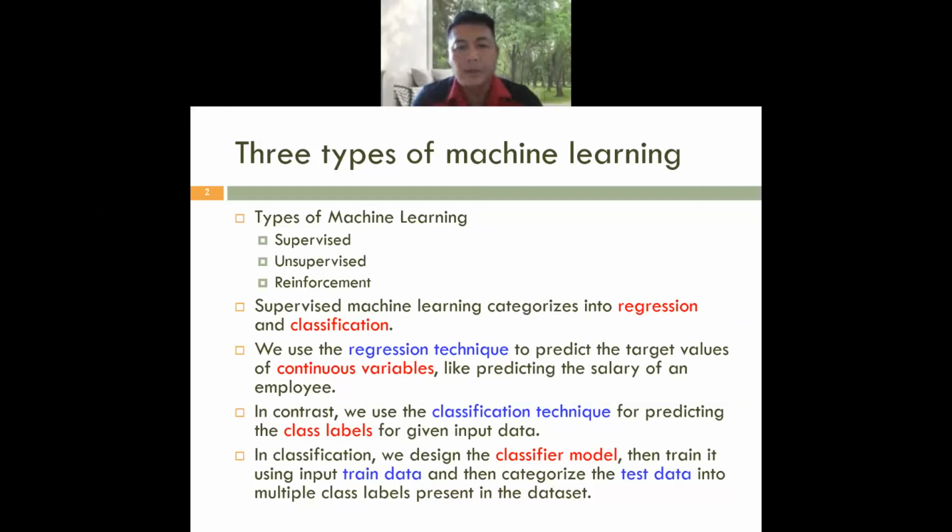In classification, before we can use the model, we have to train it. We design the classifier model, then we train the model using input training data. So our data will be divided into training data and testing data.